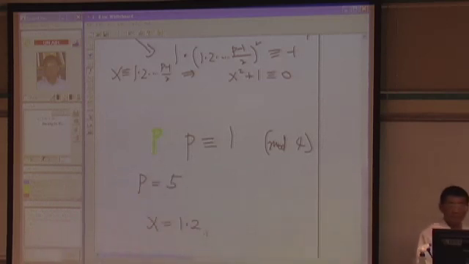Or p is, for instance, 13, right? P is 13. Then x is what? 13 minus 1 divided by 2 is what? 12 divided by 2 is 6, right? So 1, 2, 3, 4, 5, 6.